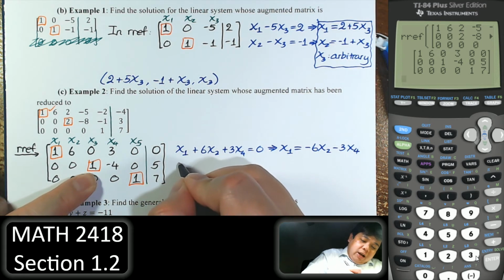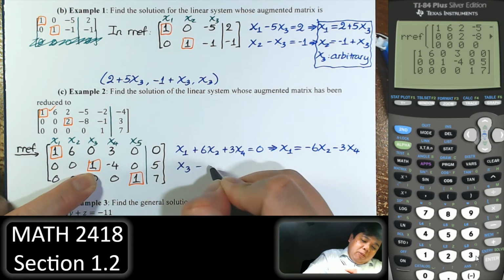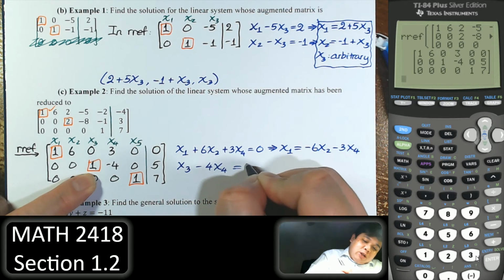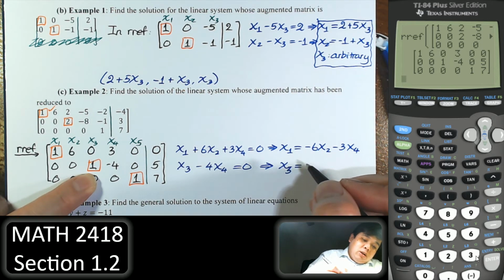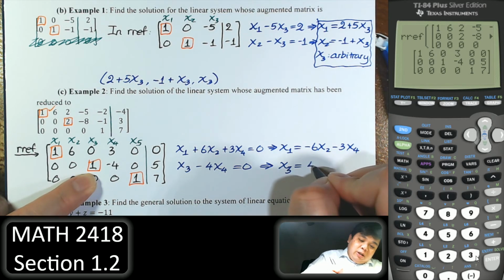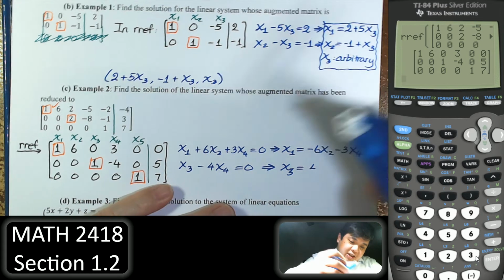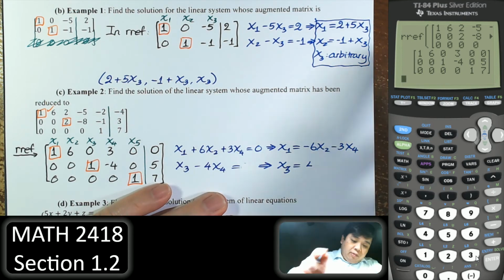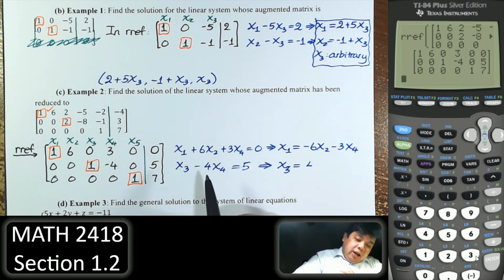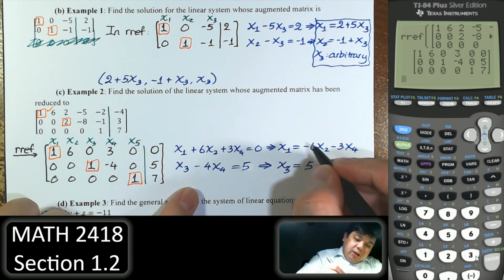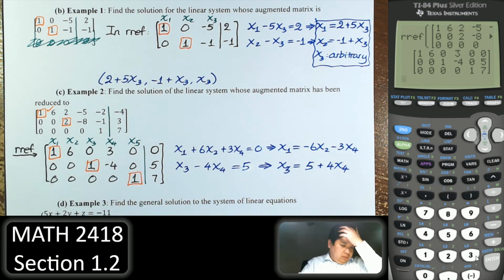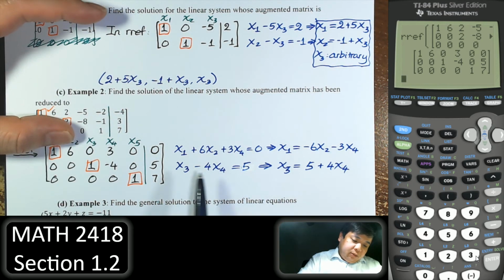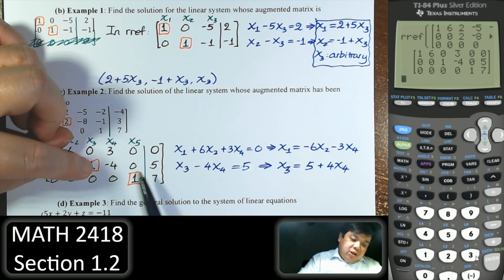Then x3 minus 4x4 equal to 5, solving for it, x3 equals 5 plus 4x4.